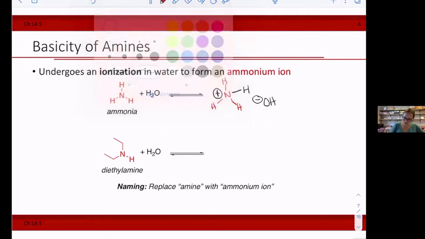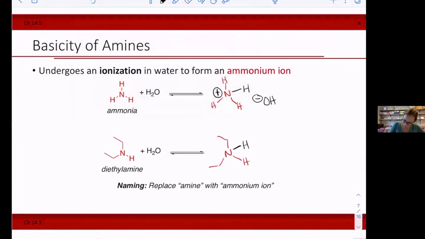How would that look? We're going to keep the amine the exact same, except now we are stealing one of the hydrogens away from water, giving ourselves a positive charge, and we have OH minus as our result.